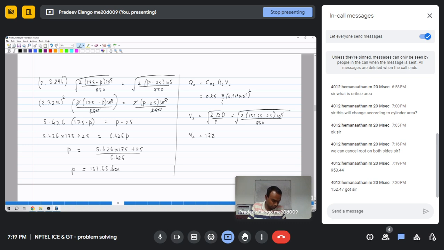Okay, 163 meter per second. Now we put in Q2.